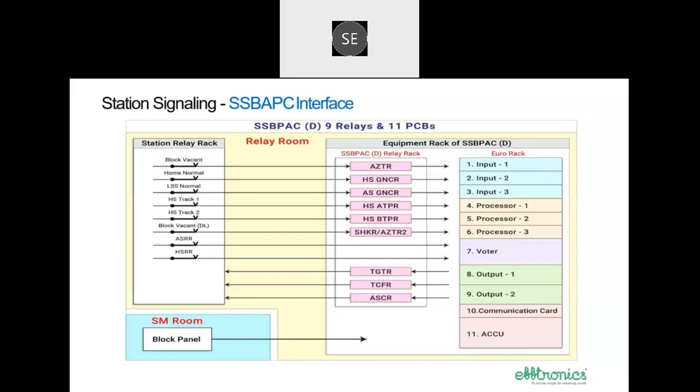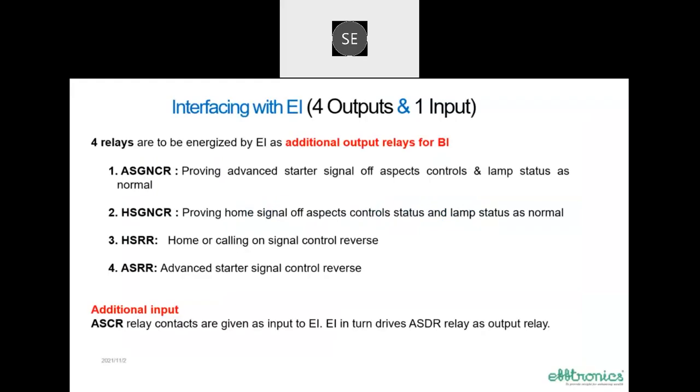So this is what we have seen for relay interlocking, and in case of electronic interlocking, it is slightly different. In case of electronic interlocking, we don't have interface relays, direct relays for GNCR and RRs, and home signal and advanced GNCR and home signal advanced RRs.